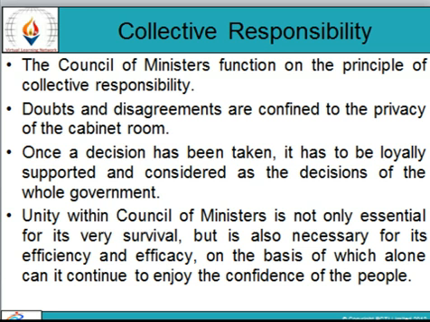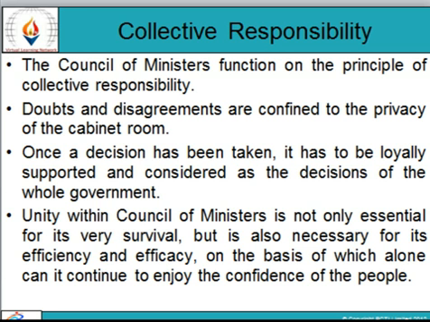Next is collective responsibility. The Council of Ministers functions on the principle of collective responsibility. Doubts and disagreements are confined to the privacy of the cabinet room. Once a decision has been taken, it has to be loyally supported and considered as the decision of the whole government.